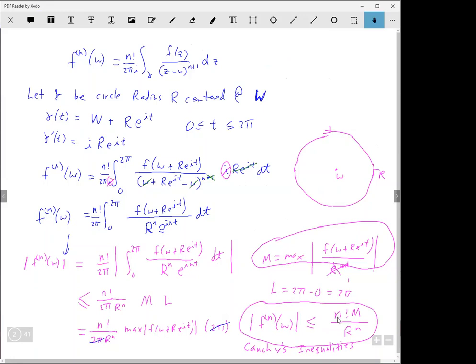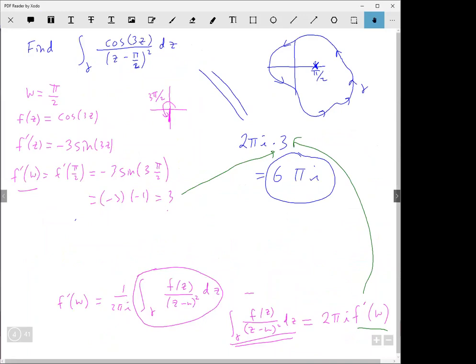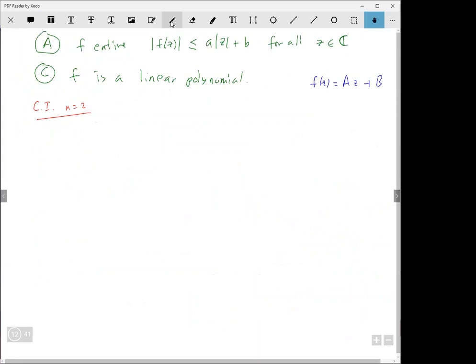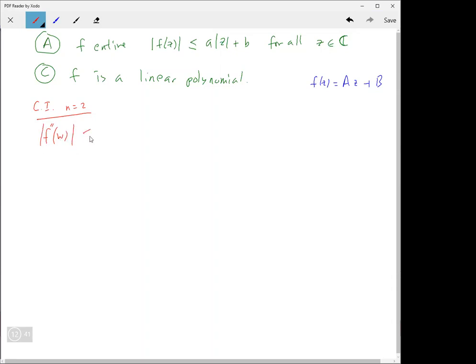The modulus of the second derivative is less than or equal to 2 factorial M of r over r squared, so 2 M over r squared.